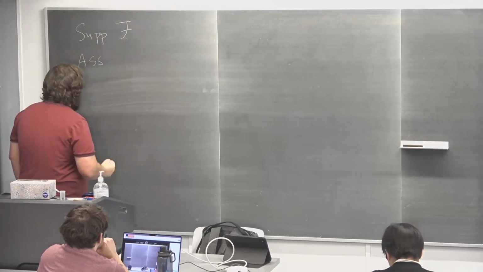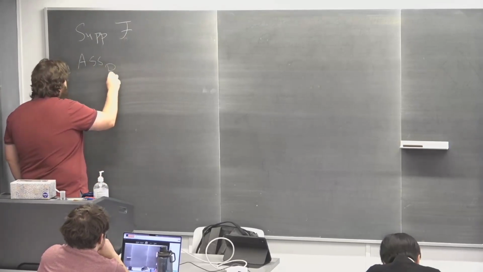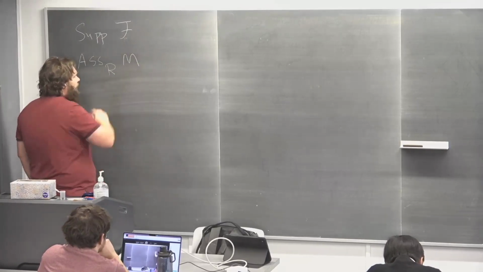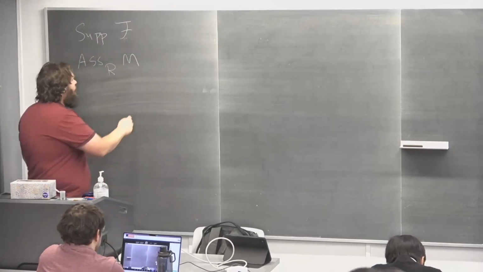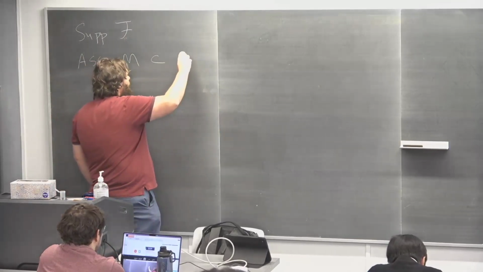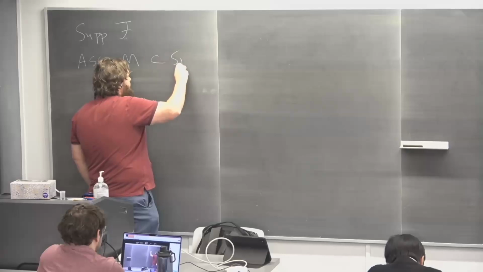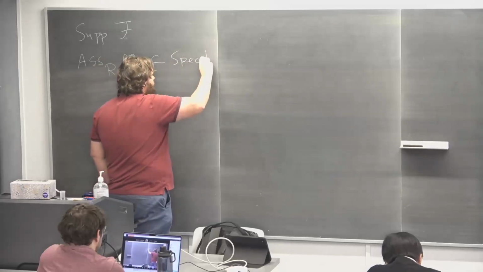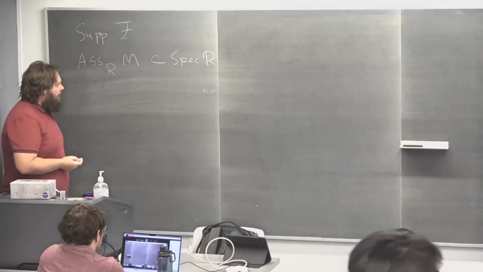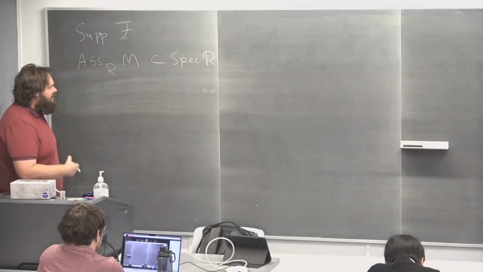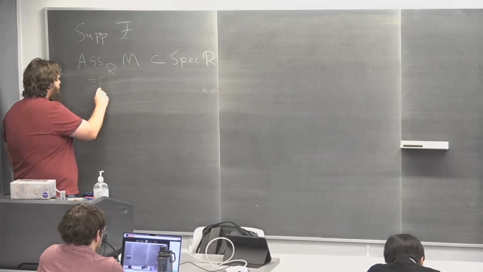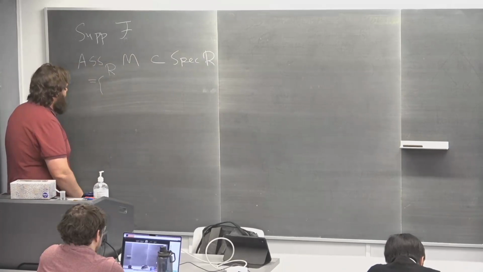What we discussed last time was taking a ring R and looking at the associated primes of a module inside the spec of the ring. And the thing I didn't quite have time to get to, so recall there are various characterizations of this set.